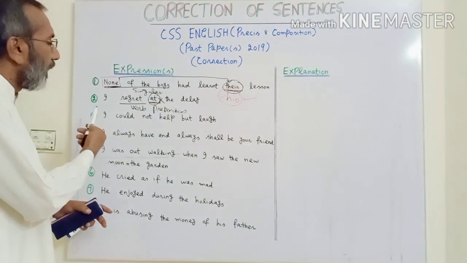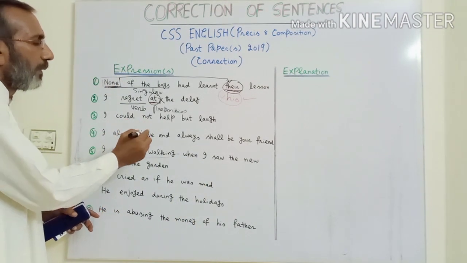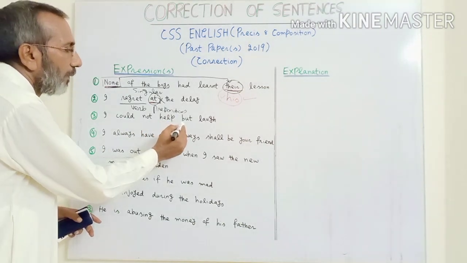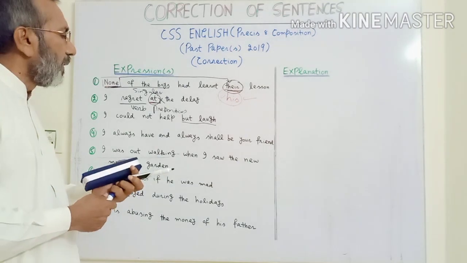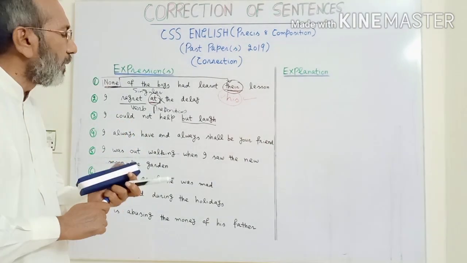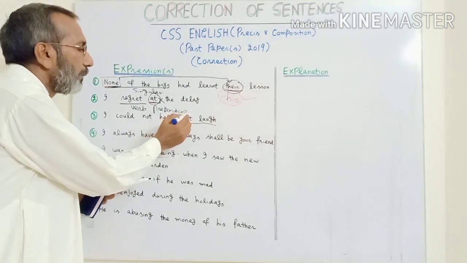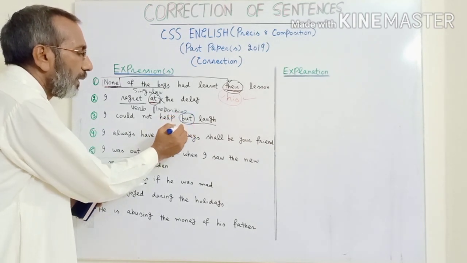So can you guess, in I could not help but laugh, what's wrong? In routine use it's almost okay, because sometimes we use the word but in the sense of except.